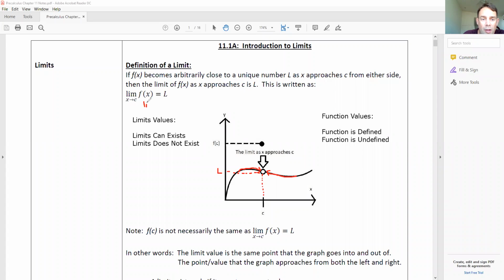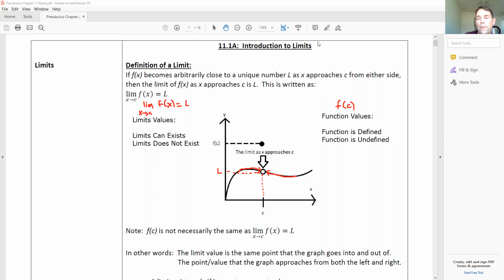A limit is not what the value is, it's what it approaches. The limit can either exist and be equal to some value L, or the limit doesn't exist, which we'll get to. And the function value is the exact value that you plug in. So when you plug it in, what do you get? Notice from our picture, the function value doesn't have to equal the limit value.